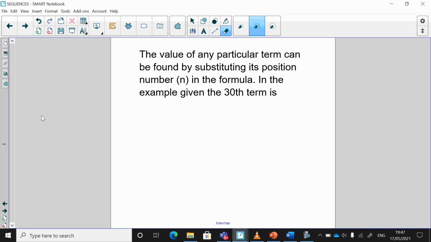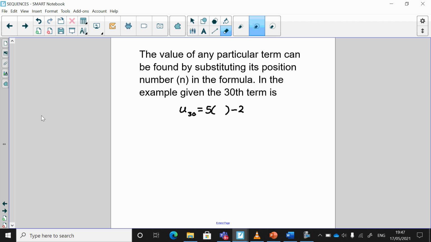The thing is, you don't have to go through 1, 2, 3, 4, 5, 6, 7, 8, 9, etc. for n. With this formula, you can actually pinpoint a specific value of n. So here, I'm looking for the 30th term, so I will call that U30.